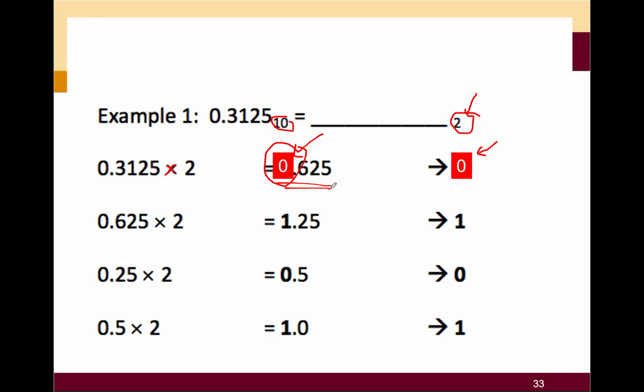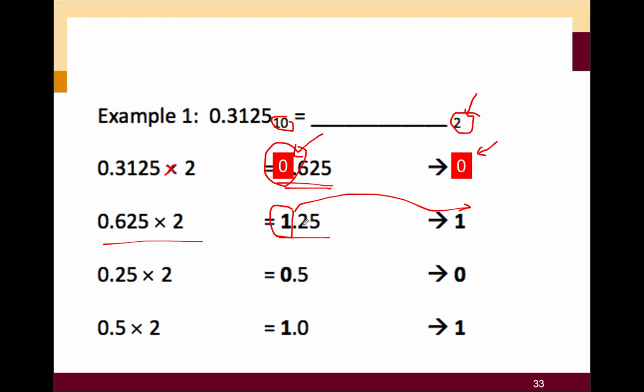You repeat your first step, which is multiplication. You repeat it: 0.625 multiplied by 2, you will get 1.25, and you pick this value and put it in here, and then you will continue.